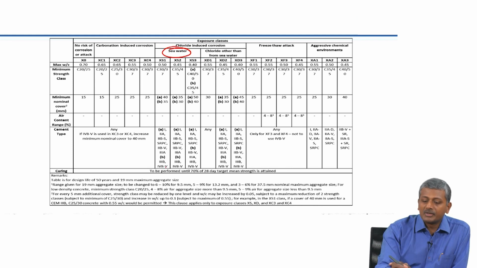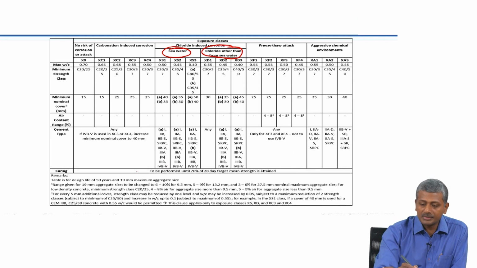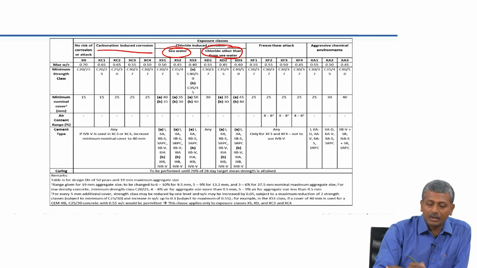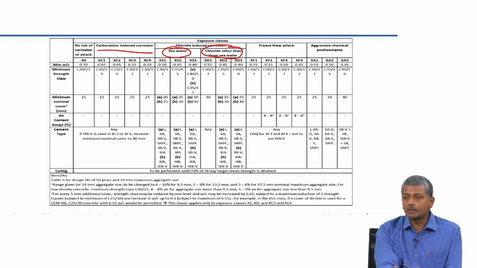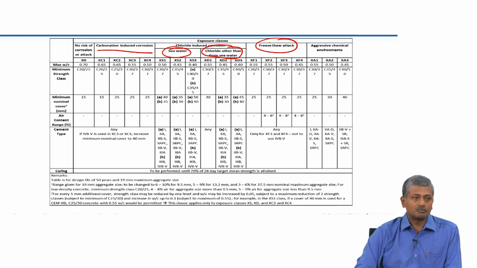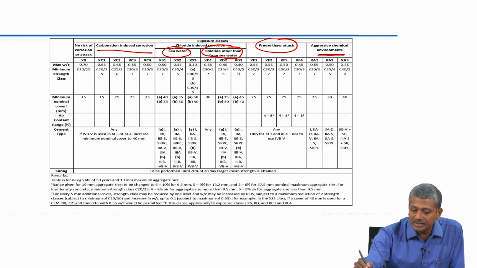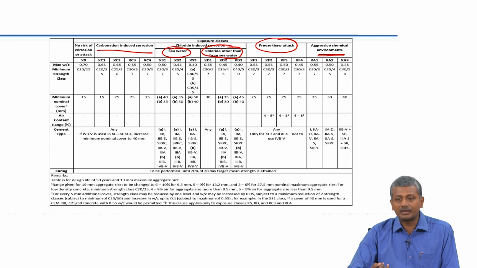There is a seawater based exposure class, there is a chloride other than seawater based exposure class, there is an exposure class for carbonation induced corrosion, which is not present in the IS 456 standards. There is another exposure classification for freeze thaw attack, which is covered to some extent in IS 456, but not explicitly. Then there is other aggressive chemical environments, for example, sulfate and acid attack, which again are treated to some extent in IS 456 also.